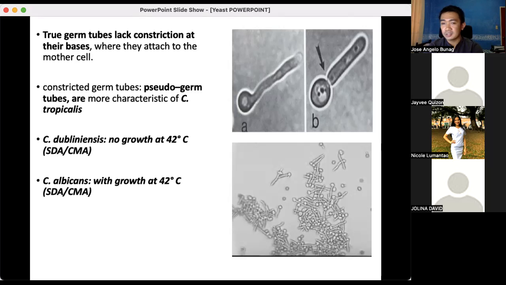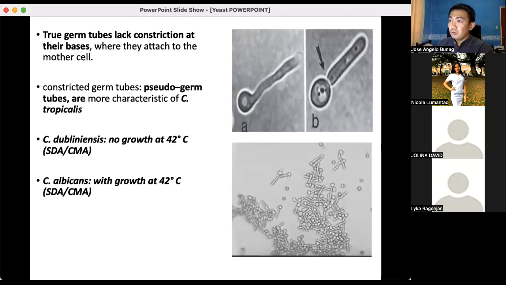And afterwards, a drop of suspension is examined microscopically under low and high power objective. So a true germ tube lacks constriction at its base, where it attaches to the mother cell.